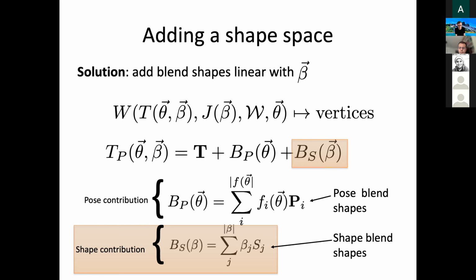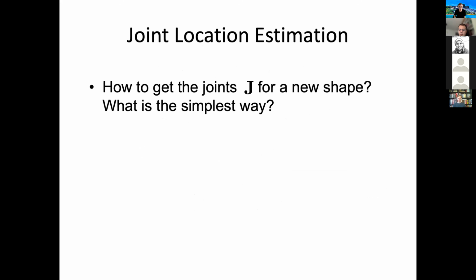And here you see it's completely additive. It's a template plus the shape correctives and the pose correctives. And the shape contribution B_S here is just a linear combination of, I called them U before, but here they're called S, which are the eigenvectors of the shape space.